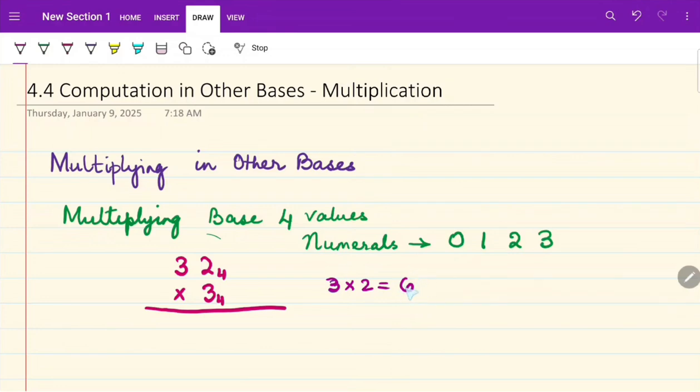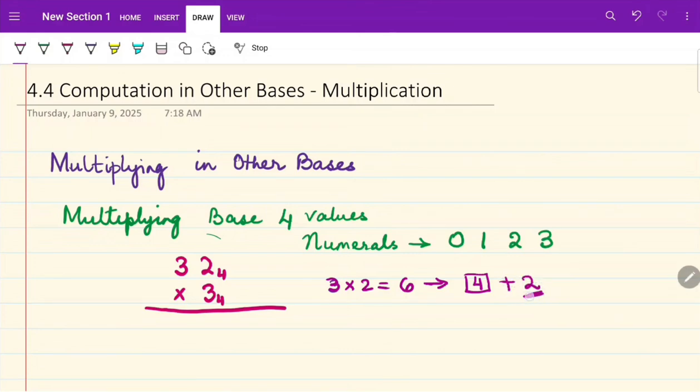However, 6 is not a numeral in base 4 system, so we have to start bundling. We can write 6 in bundles of 4, because we are working in base 4. So there is one bundle of 4 in 6, and then the remaining would be a 2.